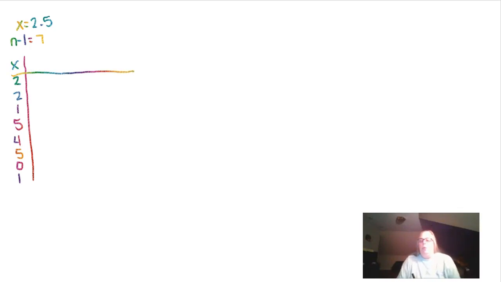Okay, so we are going to find the variance just like we did in example 1, and then to get to the standard deviation, all we need to do is square root our answer.